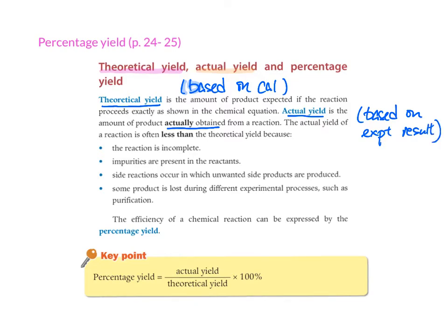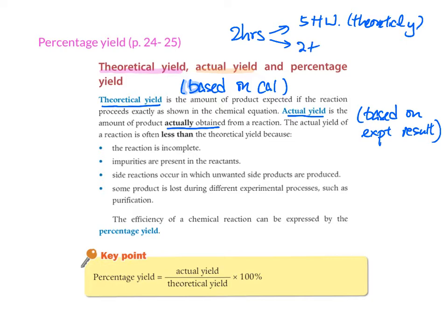If we put it that way, it will be easier for you to understand. For example, you expect you will finish 5 homework in 2 hours, then the 5 homework will be your theoretical yield. But in the process, maybe you watch YouTube, you play video games, you go play basketball, and things like that.